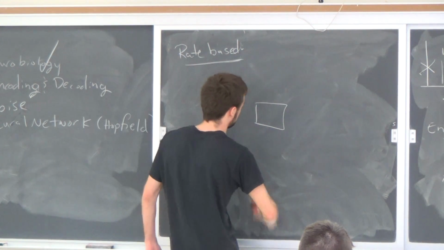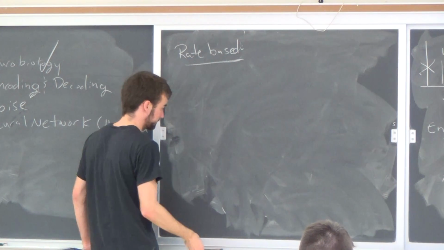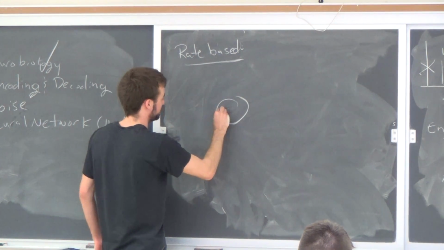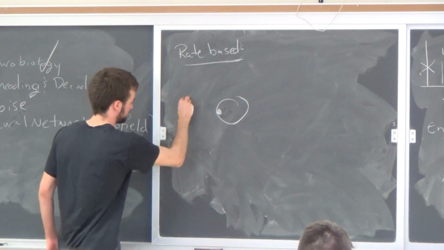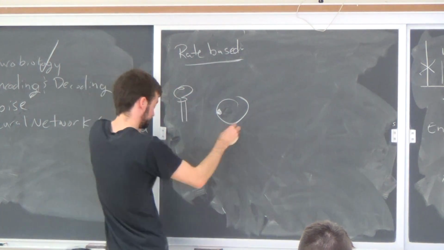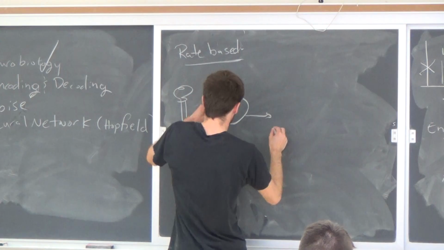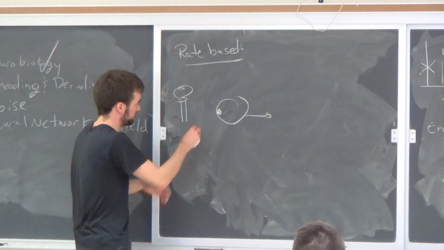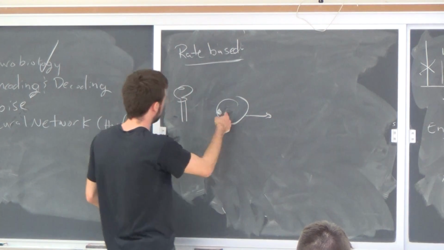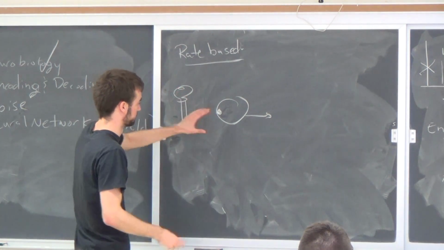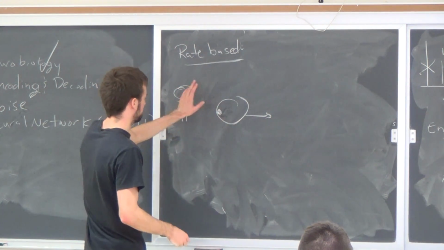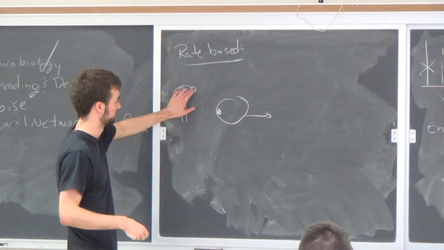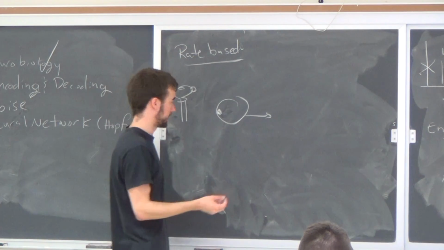Say we have some sort of stimulus, and we have the eye. It wants to encode this tree, or at least part of this tree. The eye is trying to encode all of the tree, but we're just going to focus on one neuron, which will just be focused on the fact that there's something green right here for part of the tree. Now, how can it do it?